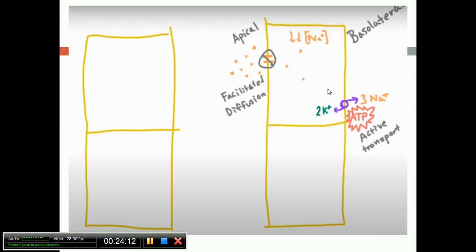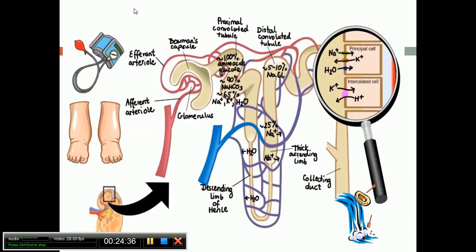The basolateral side is always this side. This is from the base, and the apical side is towards the lumen. Just remember this is the apical side, this is the basolateral side, if this is the segment or cell of the nephron.